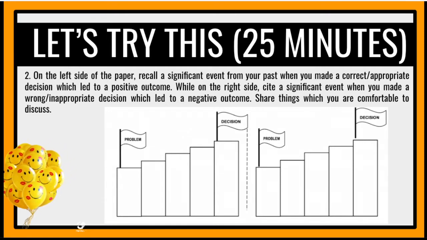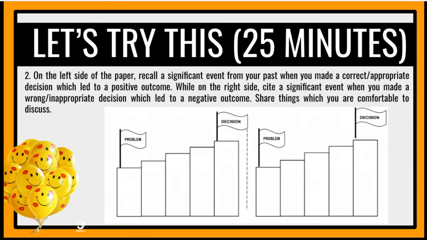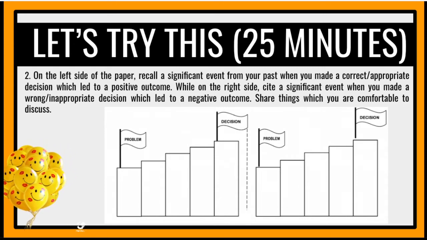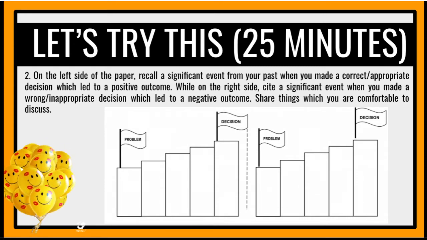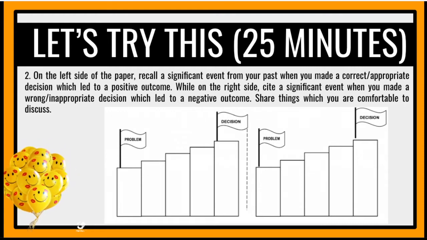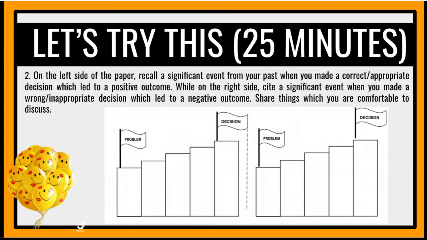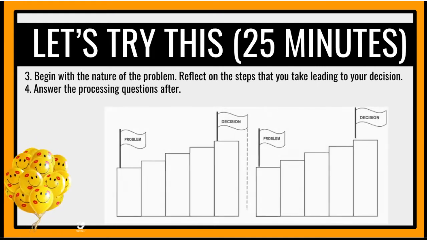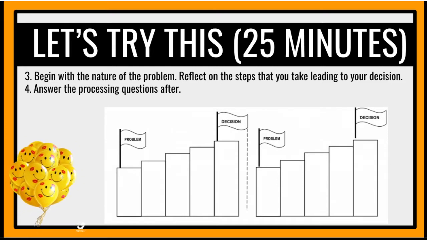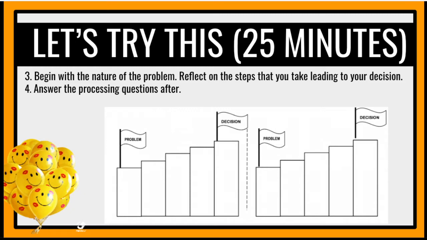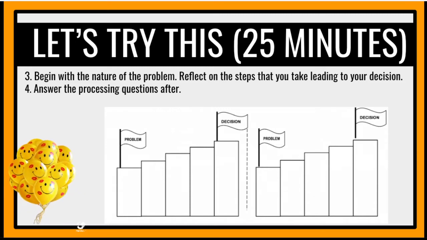So again, on the left portion, you're going to put the correct decision that you had made, and on the right one, you're going to put the negative outcome of the decision that you had made. You have to begin with the nature of the problem, and then reflect on the steps that you take leading to your decision.